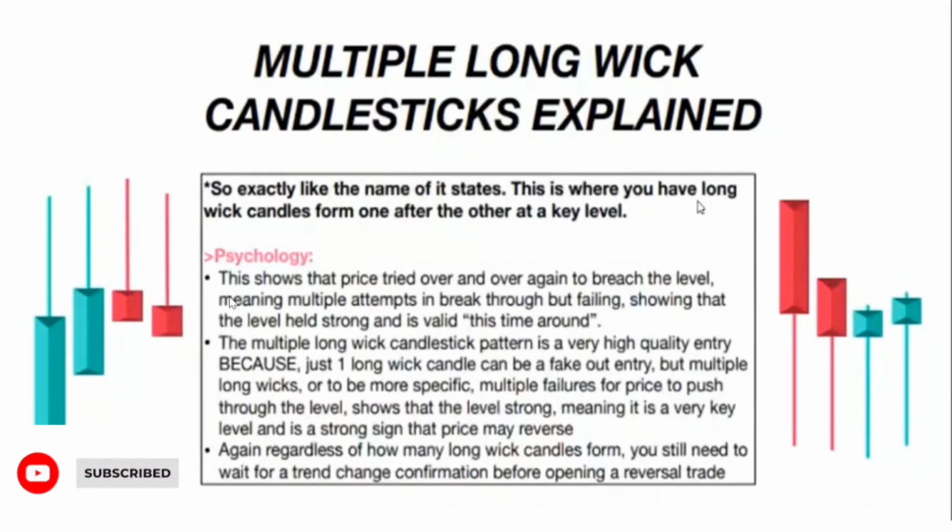But multiple long wicks, or to be more specific, multiple failures of price to push through the level, show that the level is strong, meaning it is a very key level, and it's a strong sign that price may reverse.